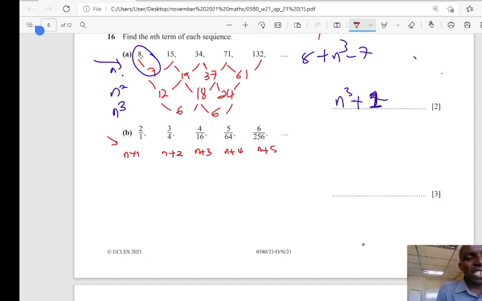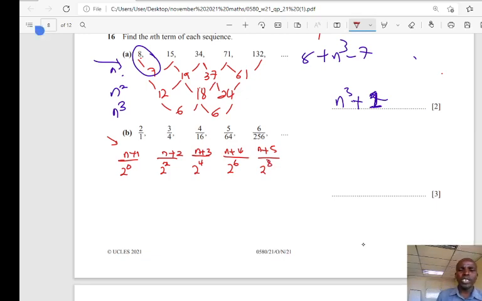These are the numerators. Now dealing with the denominators, right, we have this one, 1. You can see it's 2 to the power 0 here. 2 to the power 1. 2 to the power 2. 2 to the power 4. 2 to the power 6. 2 to the power 8.